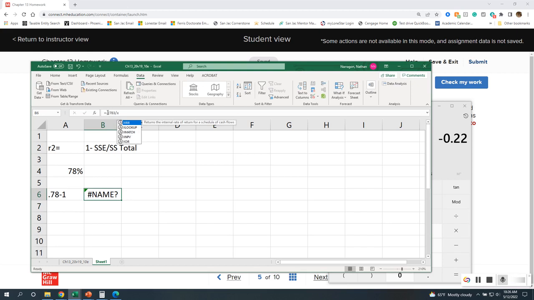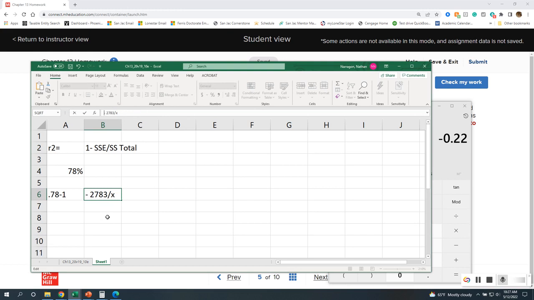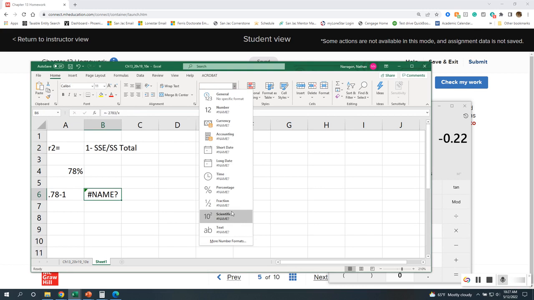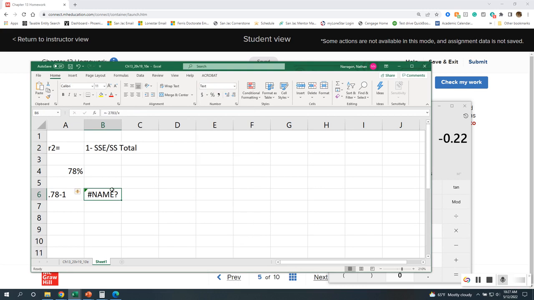Let me see if I could just make it text and delete. There we go. Just so that y'all can see what's going on.